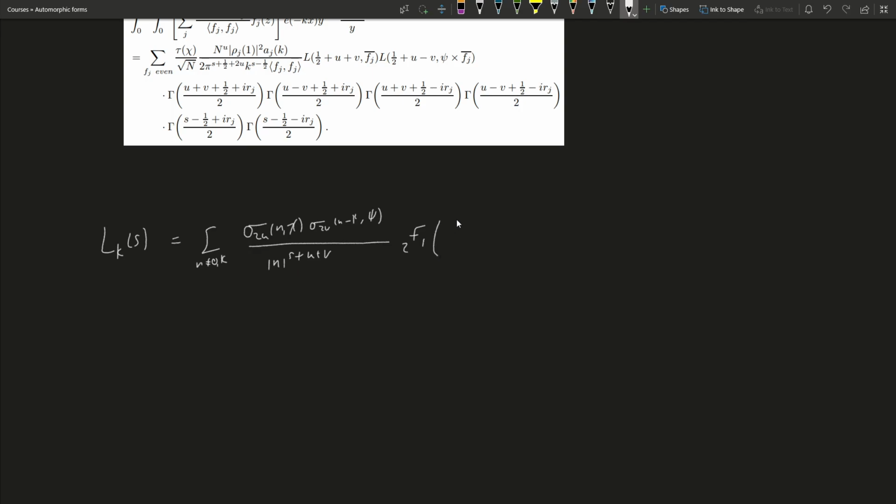So now I'll write down what you actually get: s plus u plus v divided by 2, s plus u minus v divided by 2, semicolon s, semicolon 2k over n minus k squared over n squared.